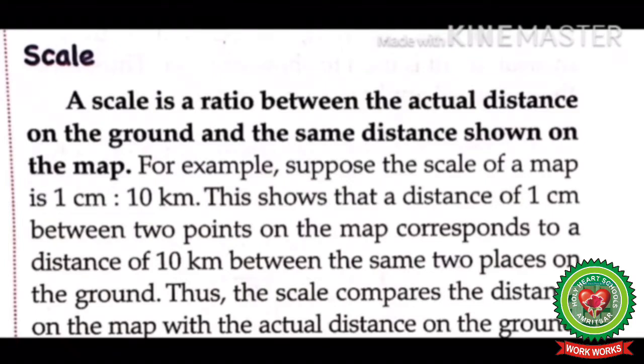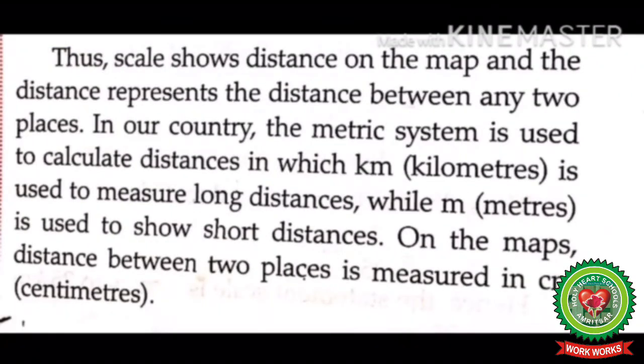This shows that the distance of 1 cm between the 2 points on the map corresponds to the distance of 10 km between the same two places on the ground. Thus, the scale compares the distance on the map with the actual distance on the ground. In simple language, it means 1 centimeter on the map will show 10 kilometers on the ground. Thus, scale shows the distance between any two places.